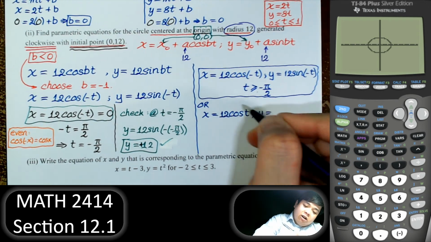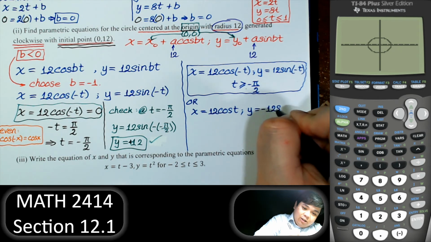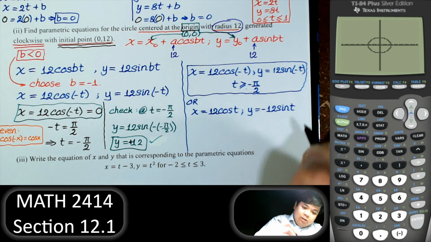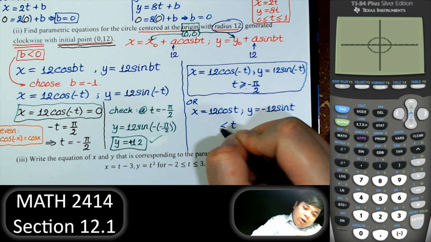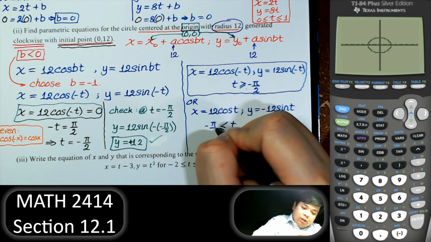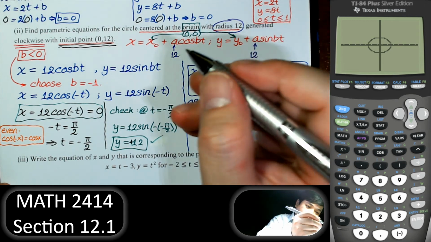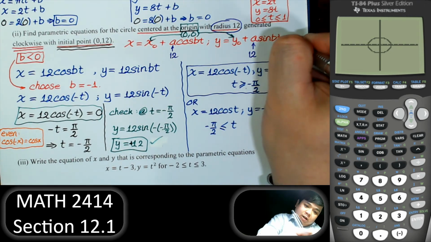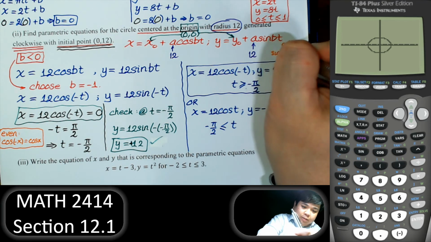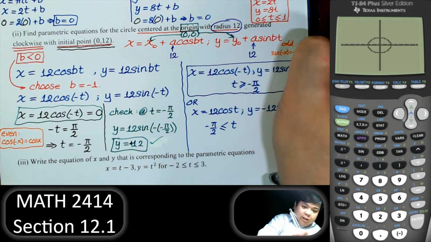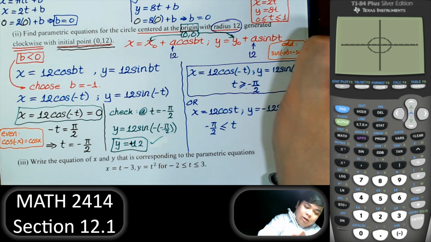And sine is odd. So sine of negative is negative sine. And we know t is greater than negative pi over 2. Right, so cosine is even, and sine of negative is negative sine.